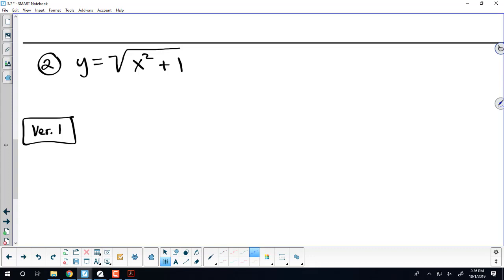Okay, so version 1, what is our inner function? x squared plus 1. So our substitution, we're going to let u equal x squared plus 1. And then that, by implication, means that y is what in terms of u? Yeah, u to the 1/2, or the square root of u.